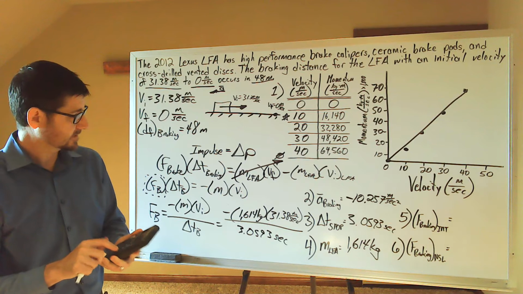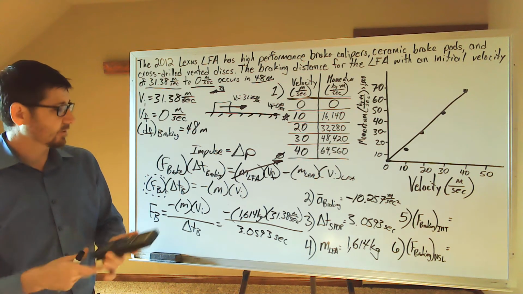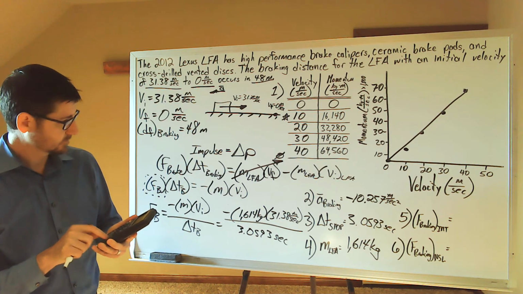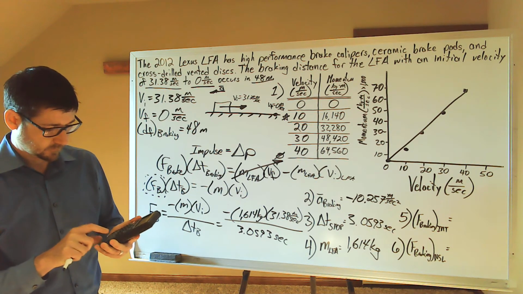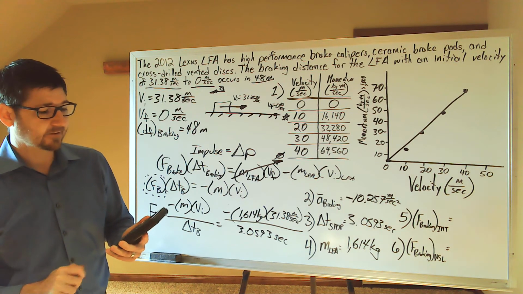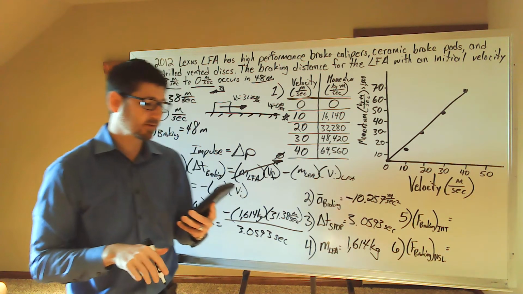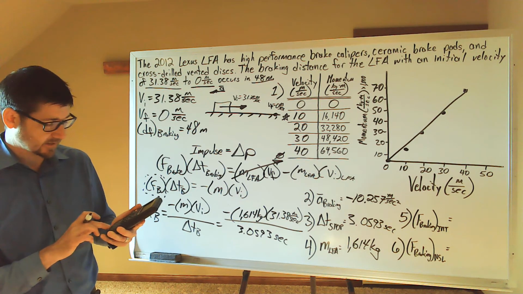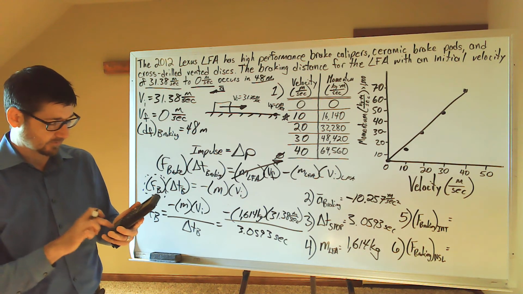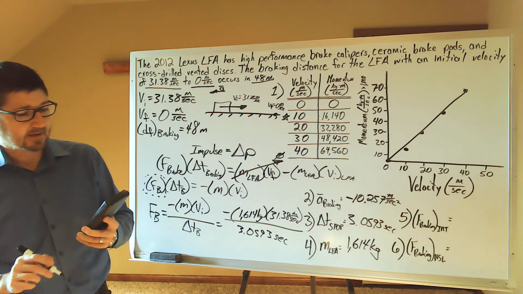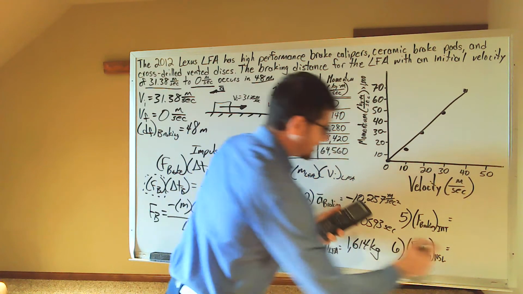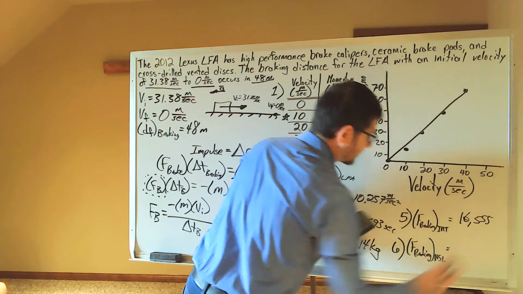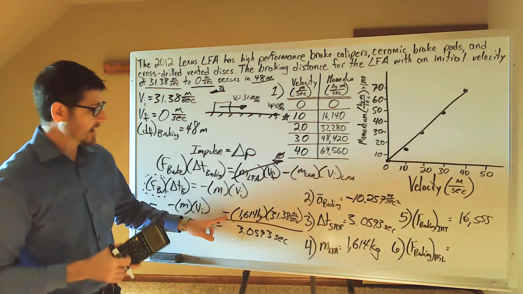Okay, so let's go ahead and resolve the numerator first. And that's going to give me a negative 50,647.32 kilogram meters per second. And we're going to divide this by 3.0593 seconds. And this gives me 16,555.